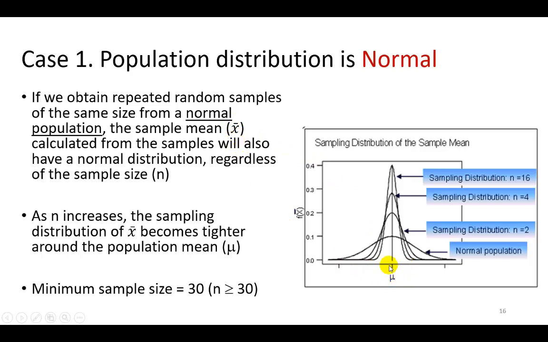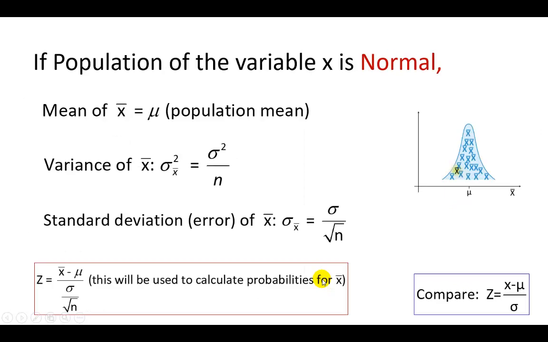So the tighter the distribution is, the better your sample mean will approximate the underlying population mean. And generally, at least from a classroom standpoint, it's always advisable to ensure that your sample size is no less than 30.